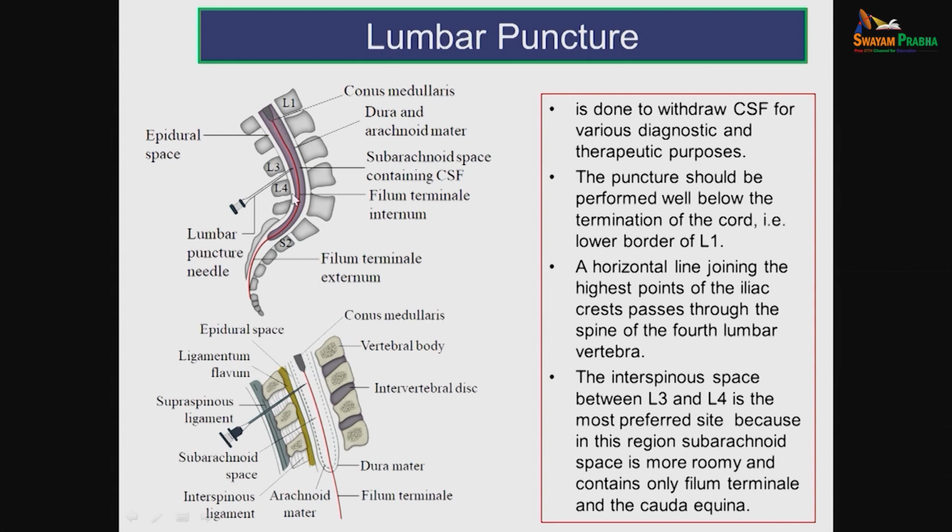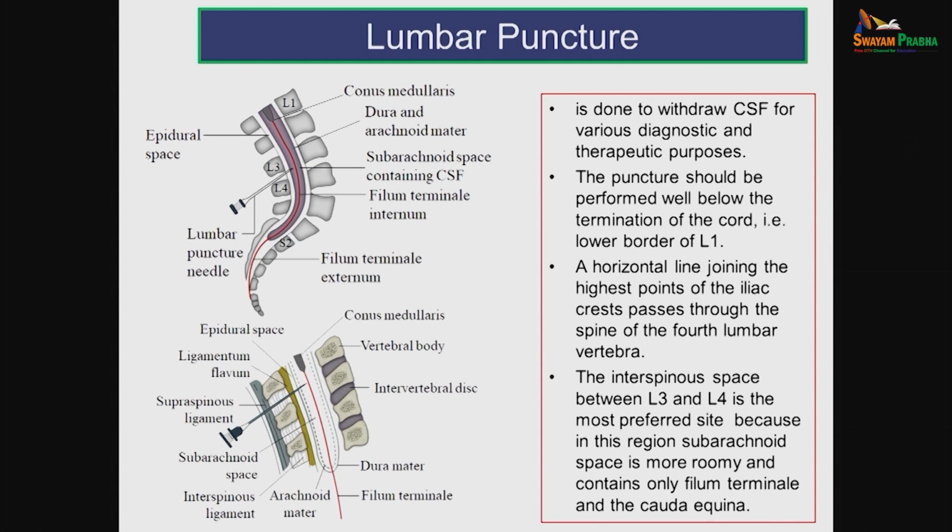So, the lumbar puncture to withdraw the cerebrospinal fluid is usually done in the interspinous space between L3 and L4, where the needle is inserted. To identify the L3, L4 interspinous space, you can draw a horizontal line at the highest point of the iliac crest.